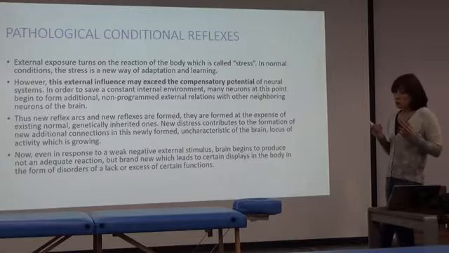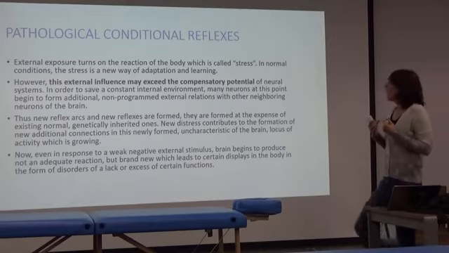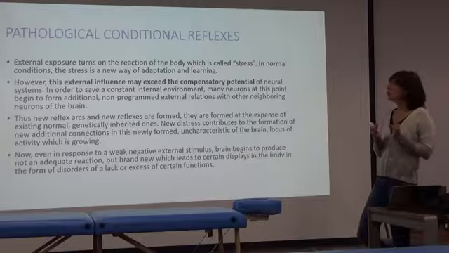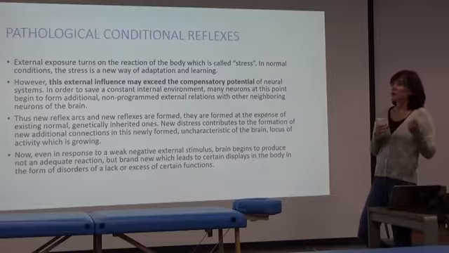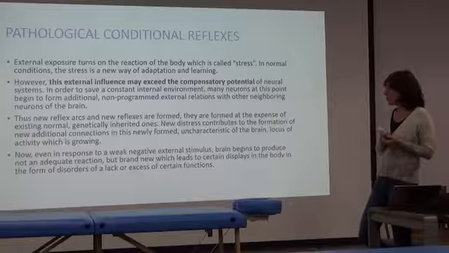And in order to support the homeostasis and own regulation, many neurons at this point begin to form additional, non-programmed external relationships with other neighboring neurons in the central nervous system.